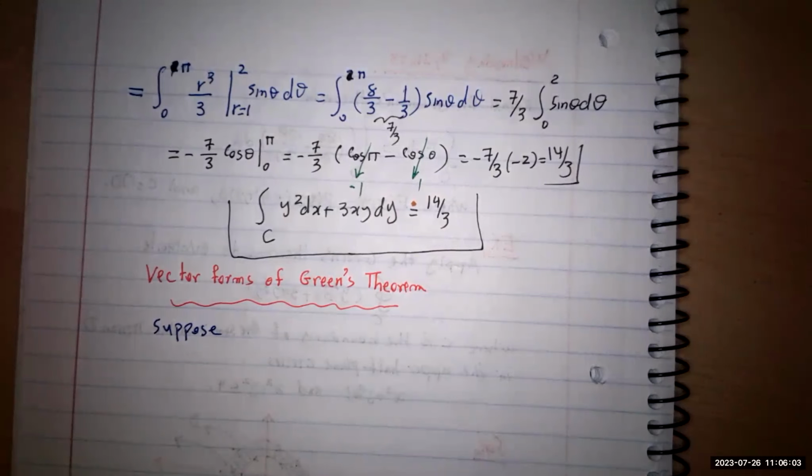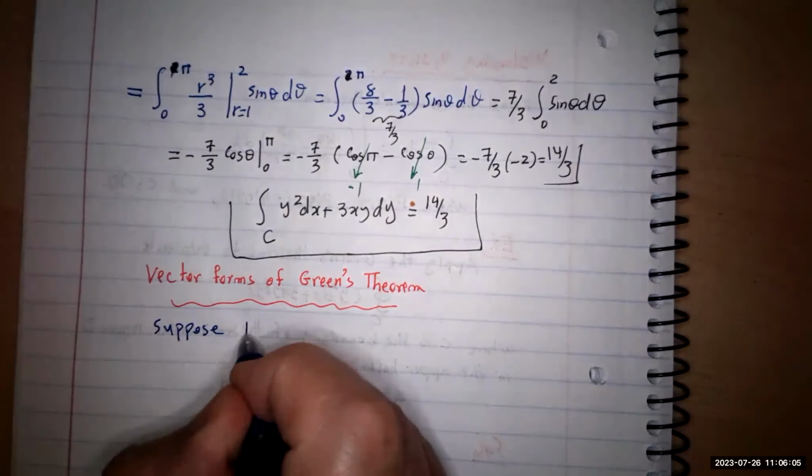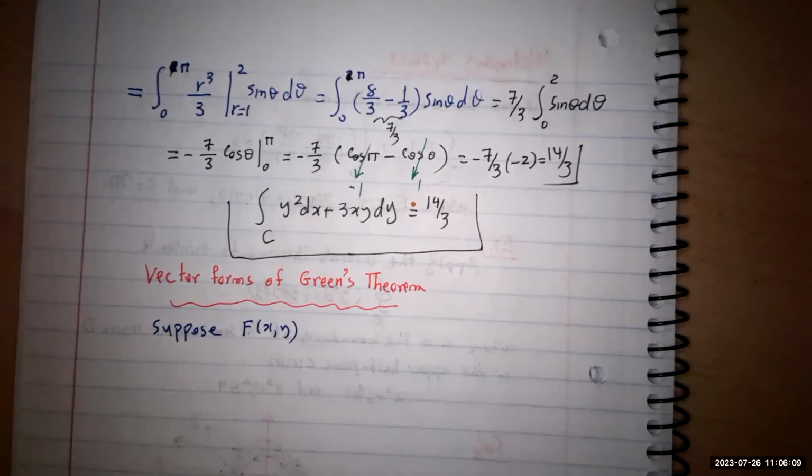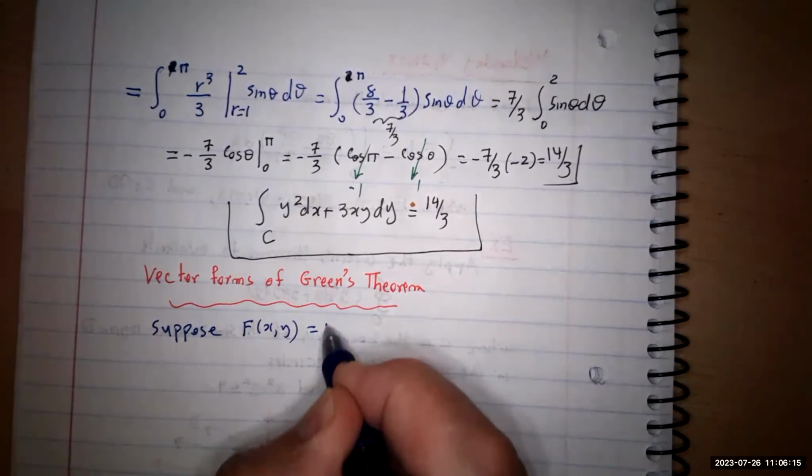Now let's go back and see how we can change Green's theorem to vector form. Suppose in Green's theorem your vector field is a vector field in the plane, not in space, so these are two variables.